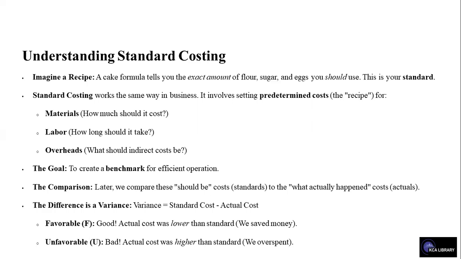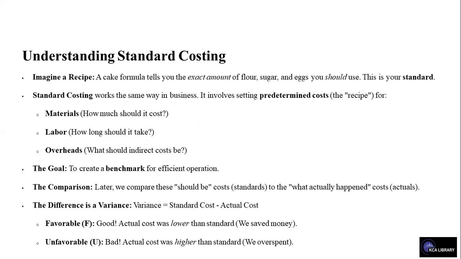Later, we compare this should-be cost to what actually happened. The should-be cost is the standard and what actually happened is the actual. The difference between the standard cost and the actual cost is the variance. The variance can be either favorable or unfavorable.